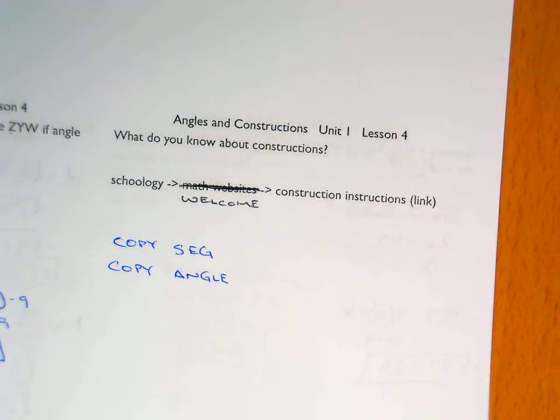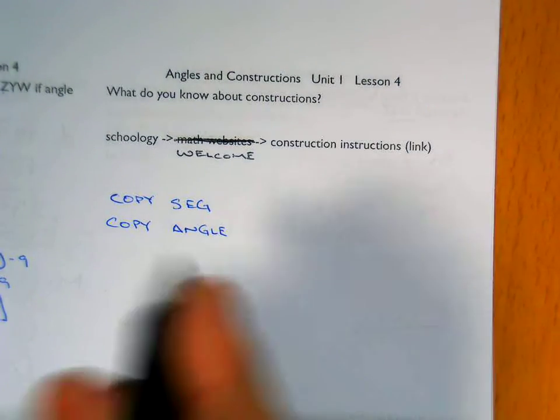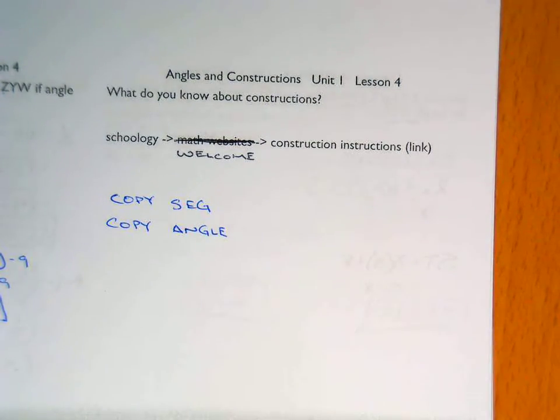So constructions are interesting. I love constructions. They are all about being precise and accurate. You can do the correct step, but if you're not careful, if you don't do each thing trying to do it perfectly, you won't wind up with the correct shape. So make sure ultimately that you leave the little pencil markings on your paper.